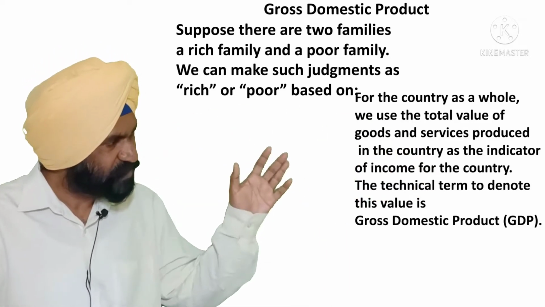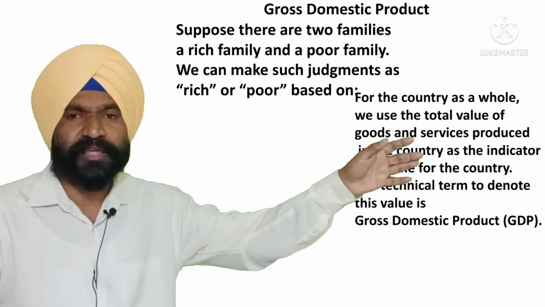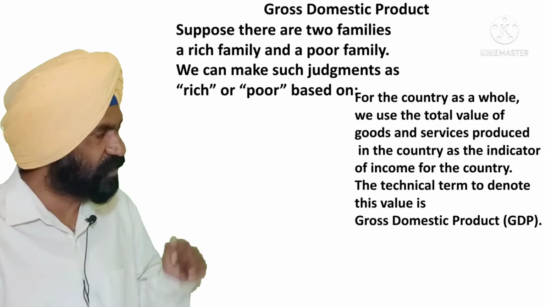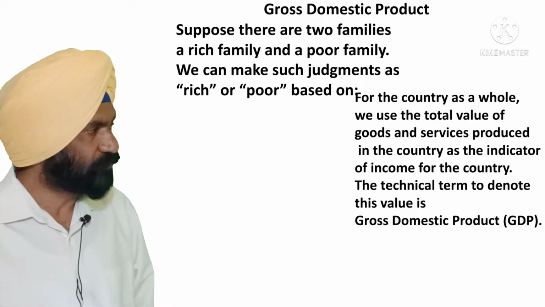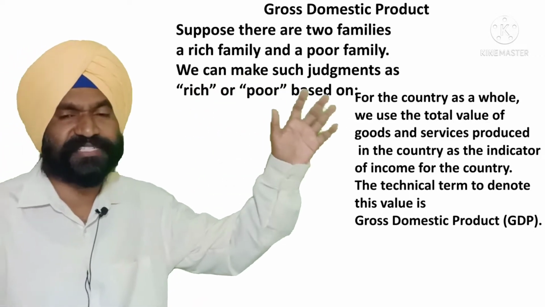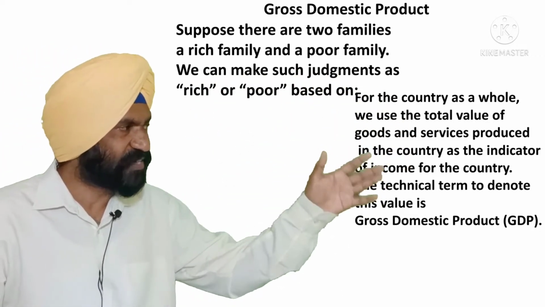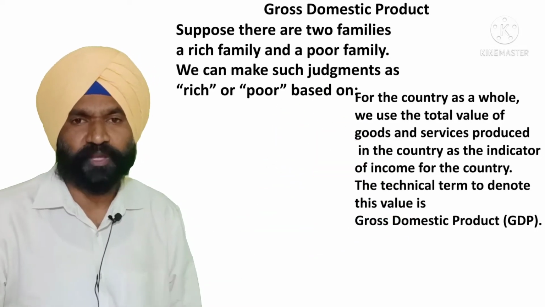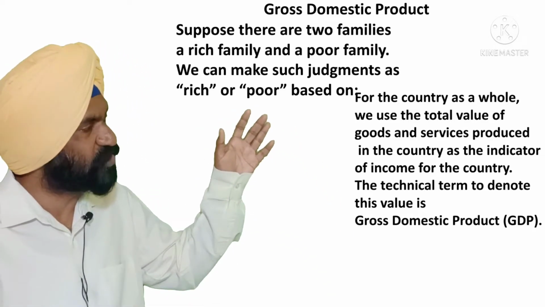Now on the basis of this only, for the country as a whole, we will use the total of the value of goods and services produced in that country as the indicator of the income of that country. So how can you say whether a country is a rich country or a poor country? We can decide whether a country is rich or poor based on its GDP, gross domestic product. Now how do we calculate this gross domestic product?